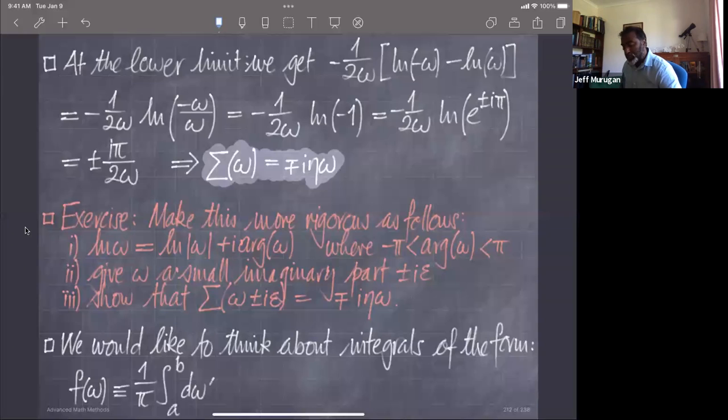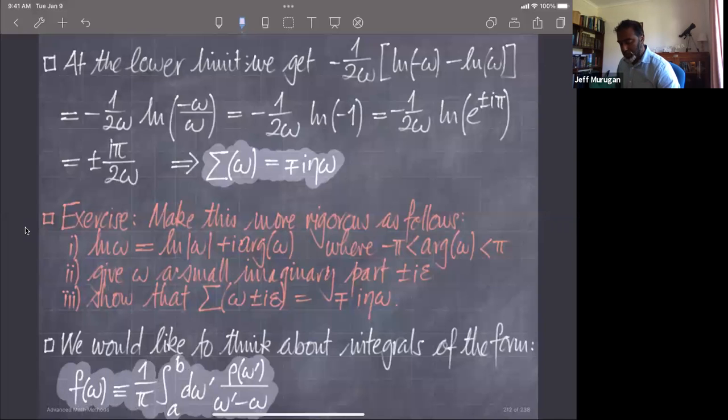These integrals occur more frequently than you would think in mathematical physics, and it's worth spending a little bit of time exploring some of their properties. I'll show you an example from optics in a little bit that illustrates this.